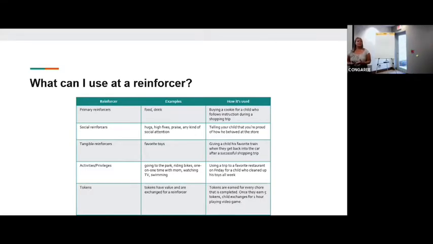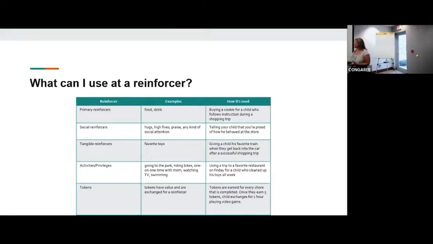It's not special for kids with developmental disabilities or autism. Reinforcers happen all the time for every behavior that increases. Like Kelly said, social reinforcers: hugs, high fives, praise, telling your child that you're proud of how he behaved at the store.